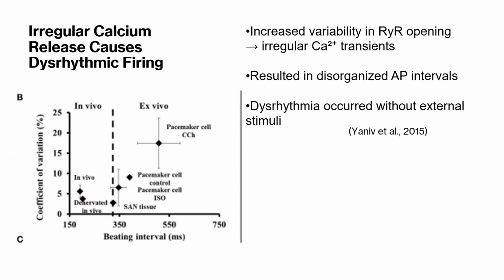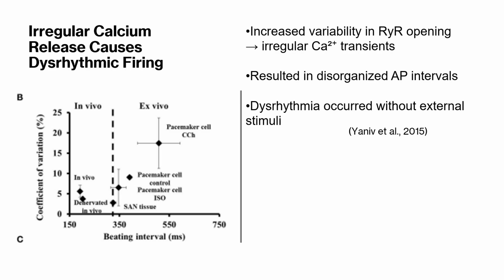The effects of adding variability to the calcium clock are depicted in this graph and picture. In particular, irregular calcium transients occur inside the cell as a result of increasing random variation in ryanodine receptor openings.